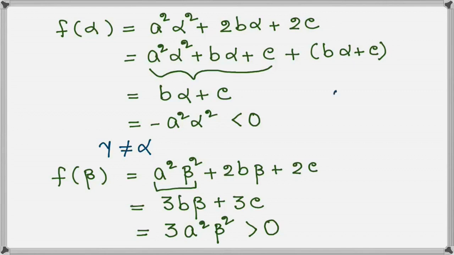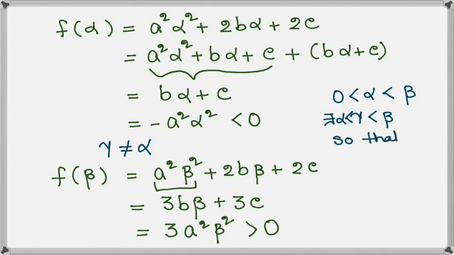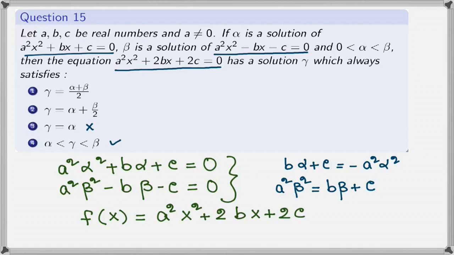As we have 0 is strictly less than alpha, strictly less than beta, we can write there exists gamma which is between alpha and beta so that f of gamma is equal to 0. We see here that the fourth option is correct.